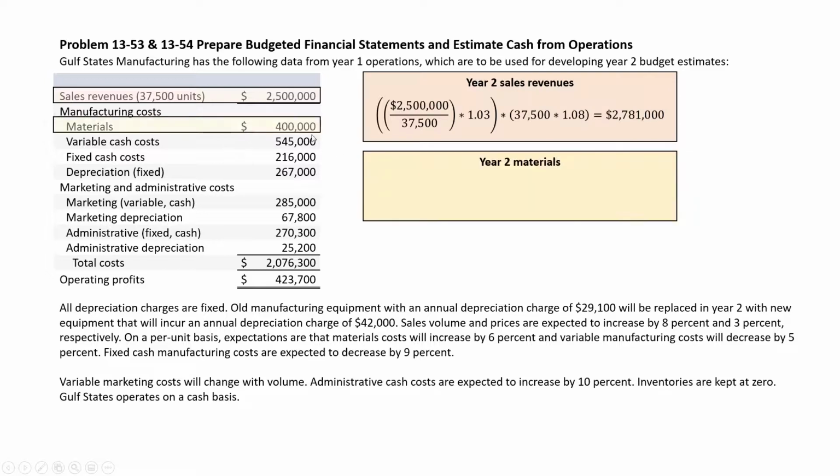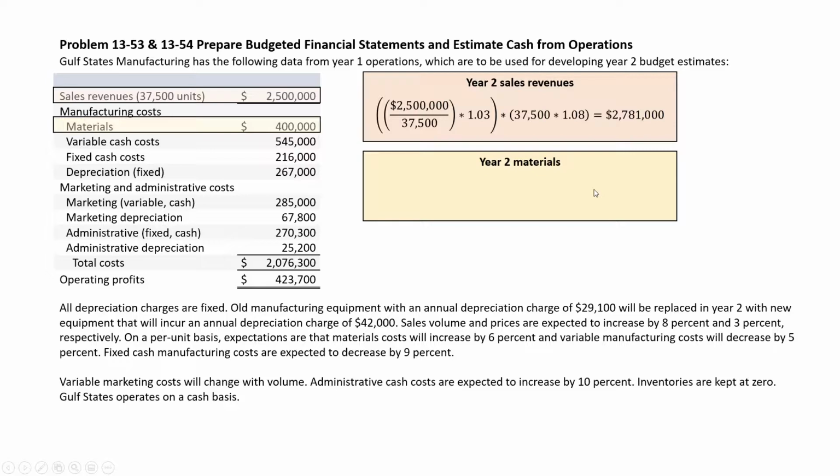Materials are manufacturing costs of materials. So we need to consider the materials are going to be a variable cost. So they're going to be impacted both by the material cost per unit and also our sales volume. Now, we already identified that our sales volume is going to go up by 8%, correct? So that's also going to impact directly, proportionally, our material costs.